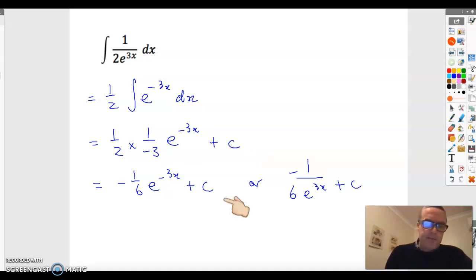When we tidy that up, we can leave the power as negative. We can have negative 1/6, or we can have e to the positive 3x if I put it in the denominator of that expression. And we've still got that coefficient of negative 1 over 6.